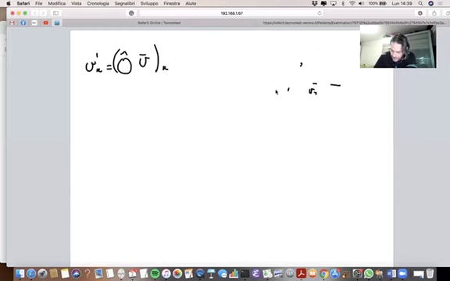So I have my vector space, I have an original set of bases, e1 and e2. I have my vector v. My vector v in this basis will give me two components, v1 and v2. I want to change to a different basis, maybe this one, e1 prime, e2 prime.